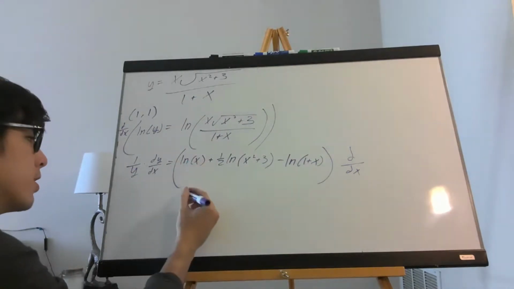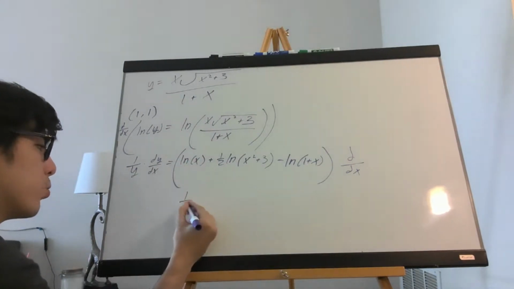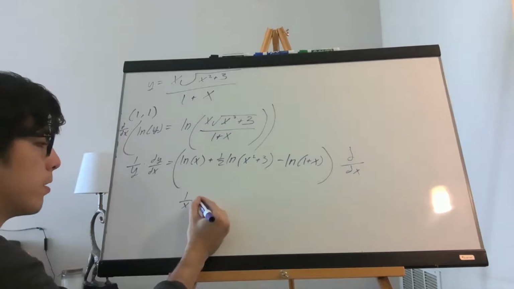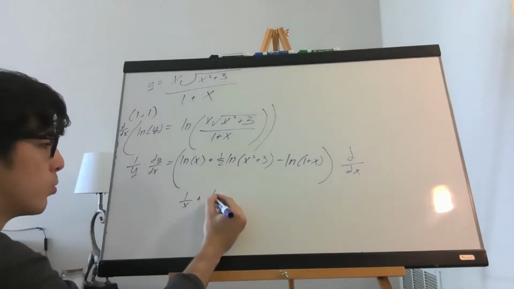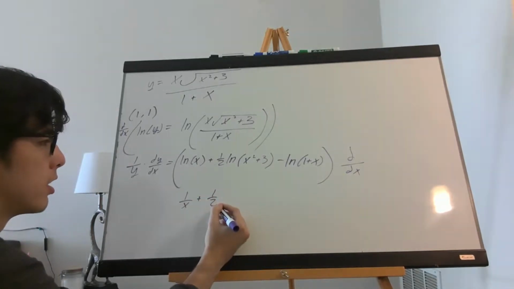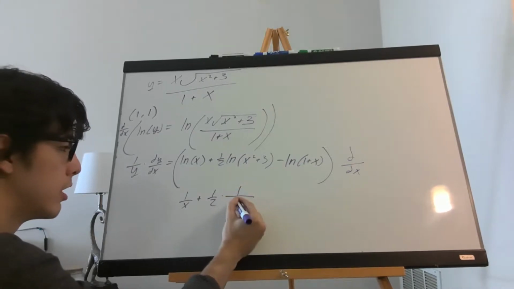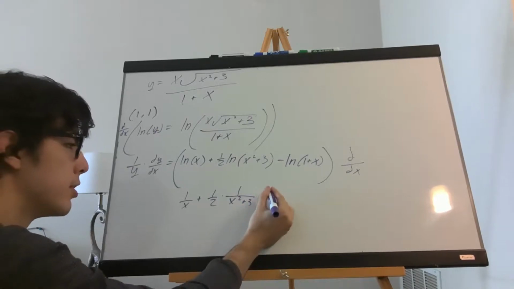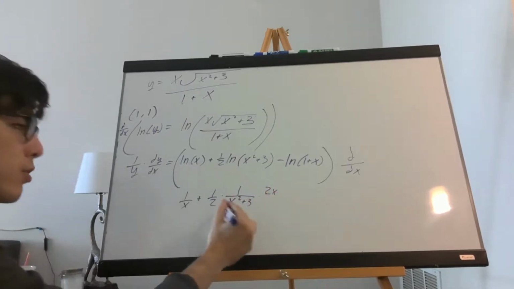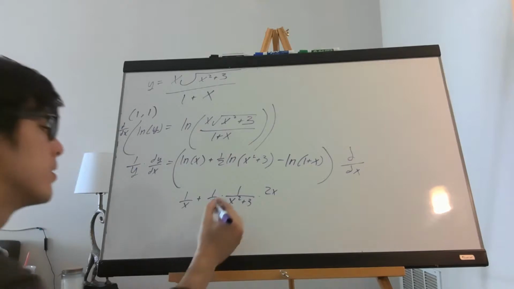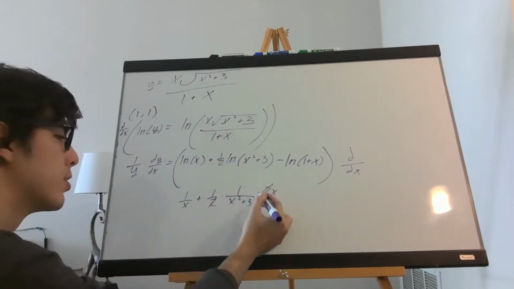So the derivative of ln of x is just 1 over x, plus 1/2 times 1 over x squared plus 3 times 2x, because we have to take the derivative of the inside as well. That's going to cancel.